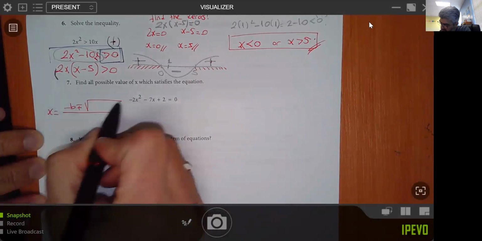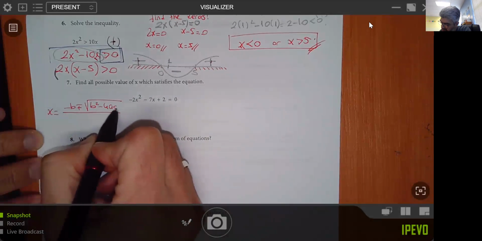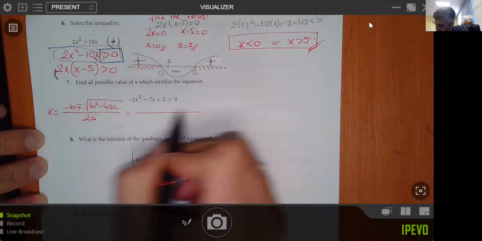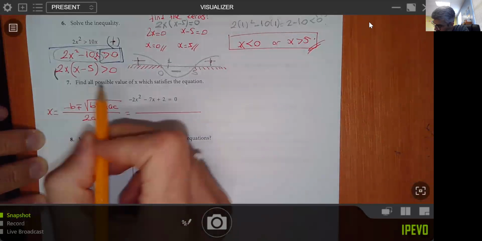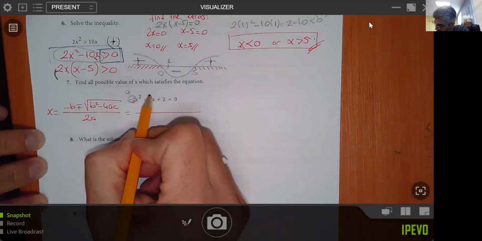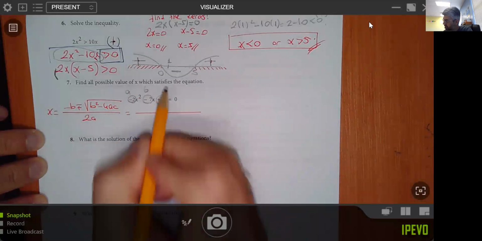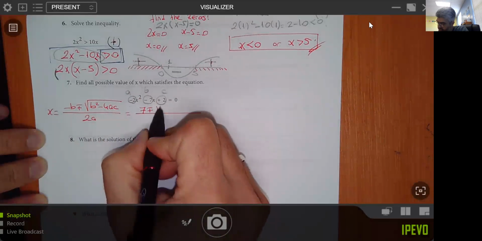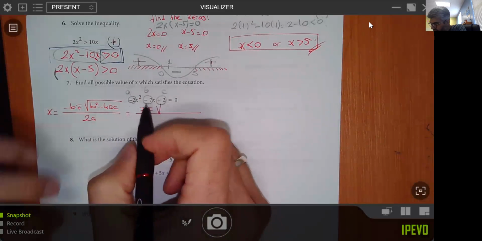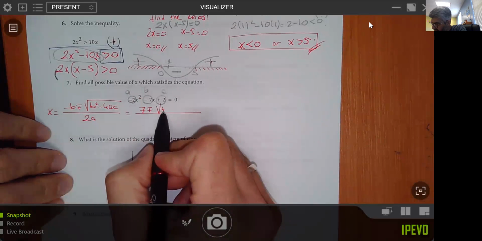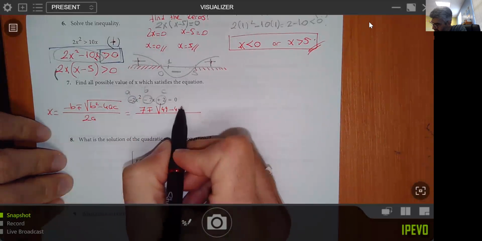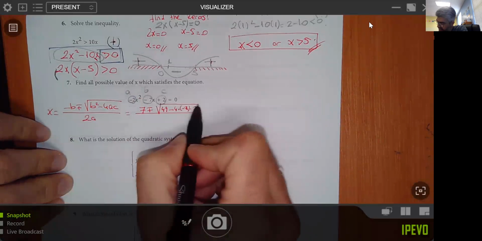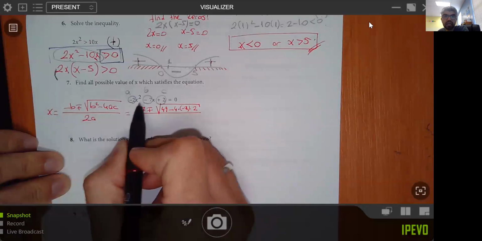It's obvious, right? So I have to use the quadratic formula for x: x equals negative b plus or minus the square root of b squared minus 4ac, over 2a. This is a, this is b, and here we have c. Negative b is 7, plus or minus the square root of b squared, which is -7 squared, 49, minus 4ac, over 2 times a.